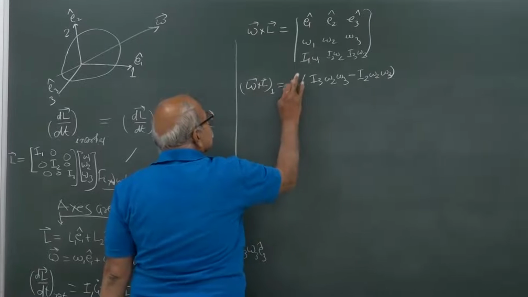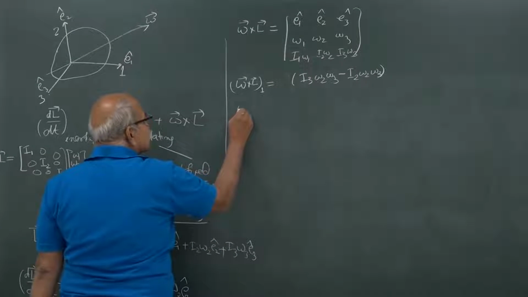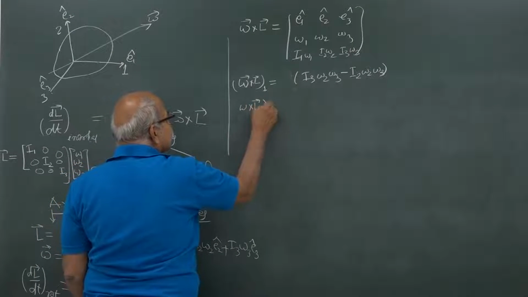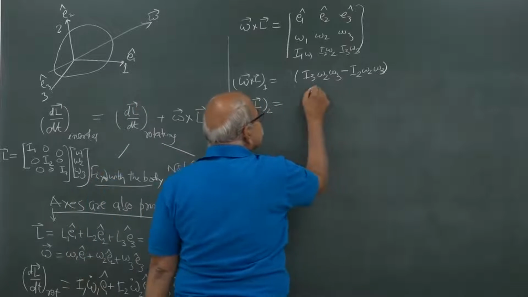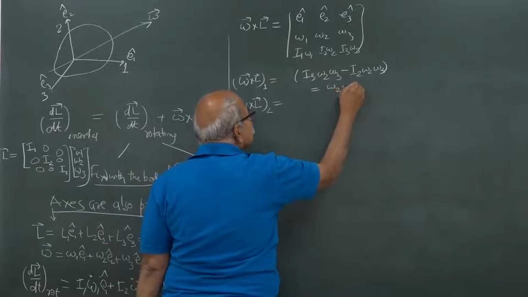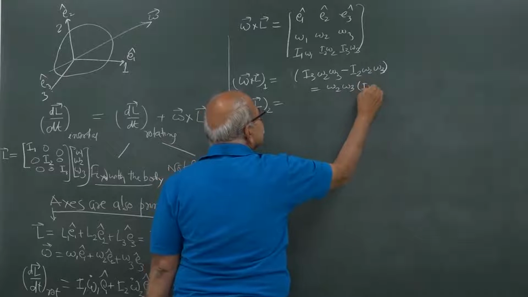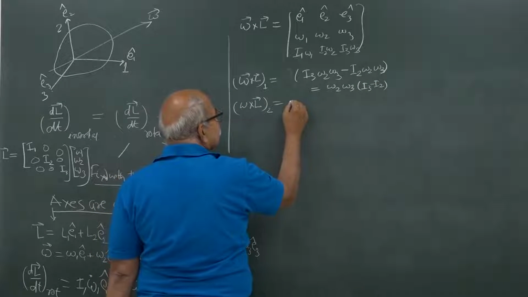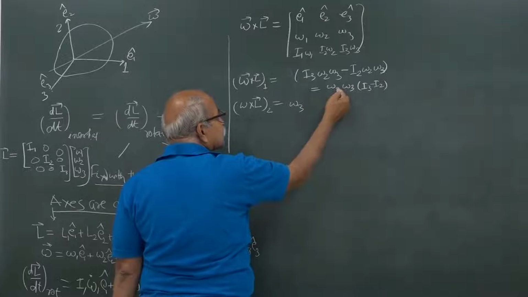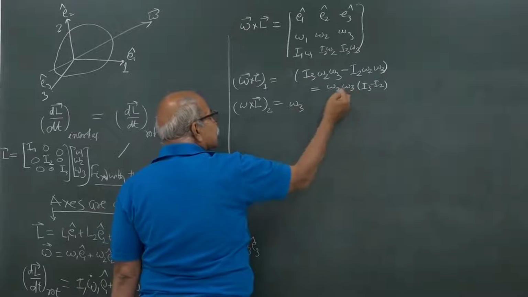So I can remove this, and similarly the second component will be just a cyclic permutation of this. You can take omega 2 omega 3 common, and it is I3 minus I2, and the second component will be omega 3, in place of 2 you write 3, in place of 3 you write 1.